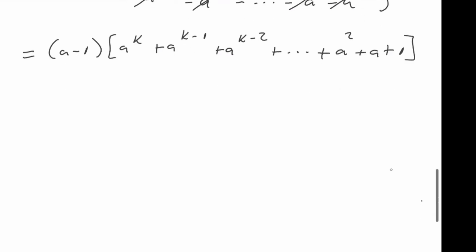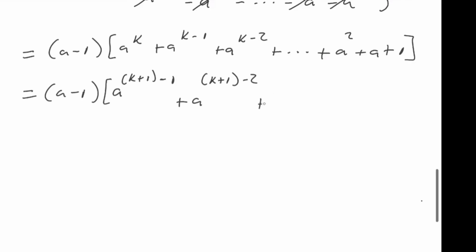And I believe this is the formula, right? Because we have a minus 1 times a sub k plus 1 minus 1 plus a sub k plus 1 minus 2 plus dot dot dot plus a plus 1.